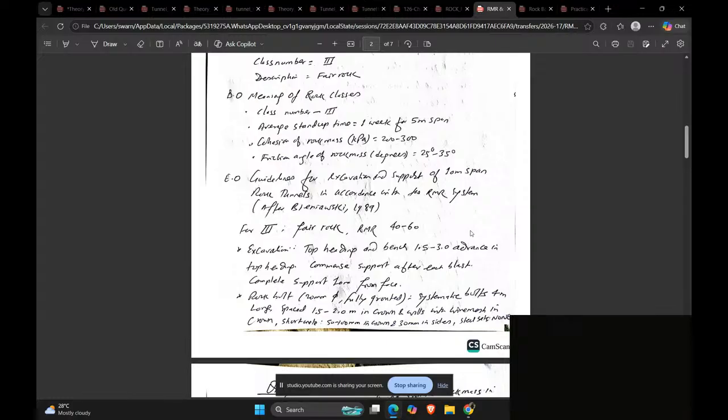Rock bolt, systematic rock bolt 4 meters long, 4.5 meters long, 5 meters long, 3 meters long, with 1.5 to 2 meters spacing in the crown and wall, with wire mesh on the crown, and similarly 50 to 100 mm in crown, and then shotcrete grid 30.